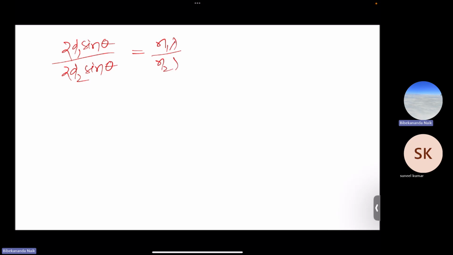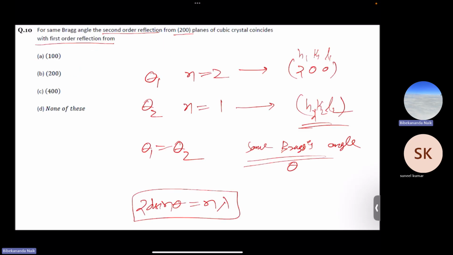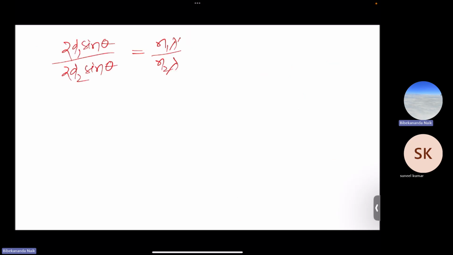I have written n1, n2 but lambda only, because lambda is the same and theta is the same. So lambda gets cancelled out, theta gets cancelled out, 2 gets cancelled out. It will be d1 by d2 is equal to n1 by n2.